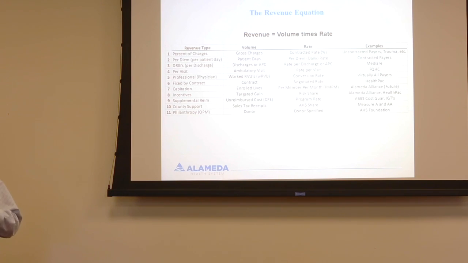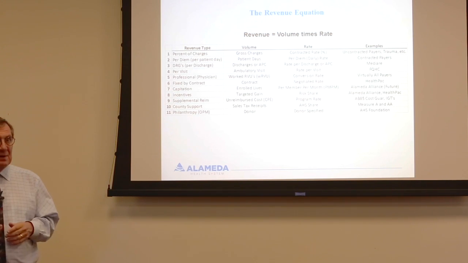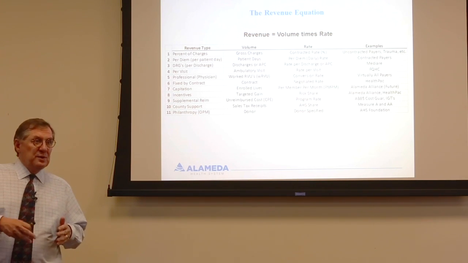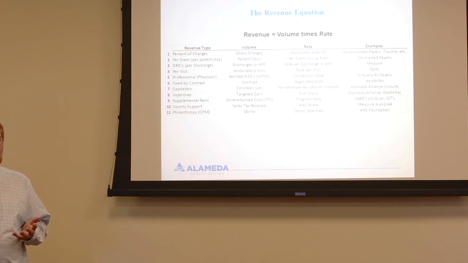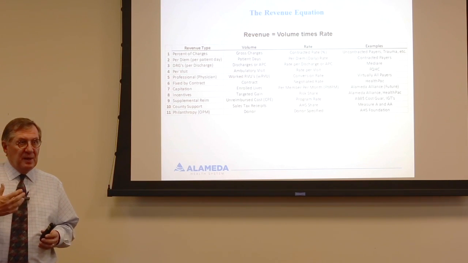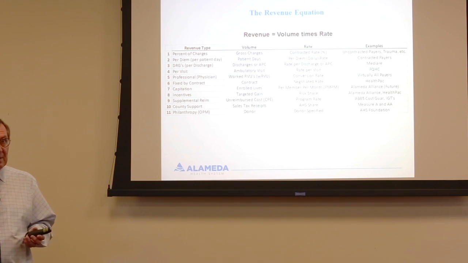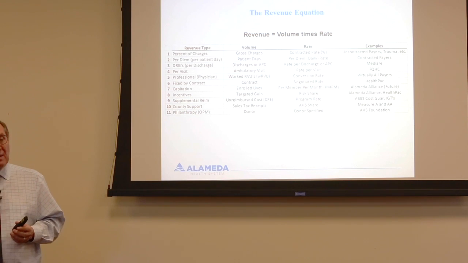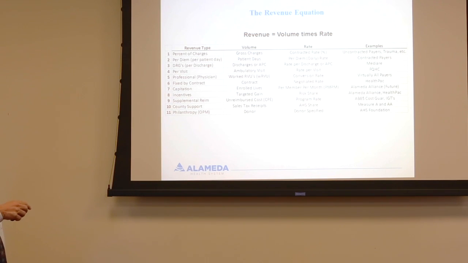The value assigned to that is 1, okay, and then everything else goes from there. So that's a basic visit. A 99212 is more of a complicated visit, so it might be worth 1.2 points. A surgery might be worth 8 or 10, okay? So that's their units, the volume.